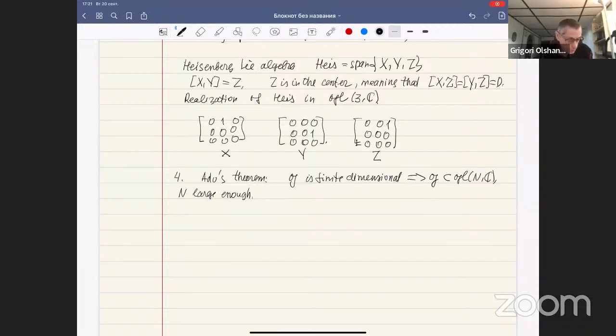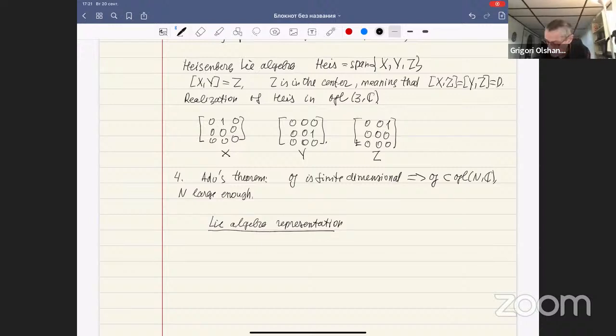But in order to discuss it, let me recall one more definition, what is a Lie algebra representation. So this is simple.